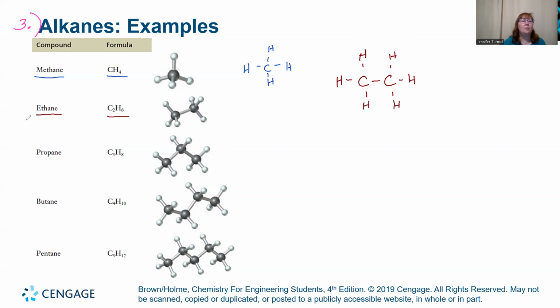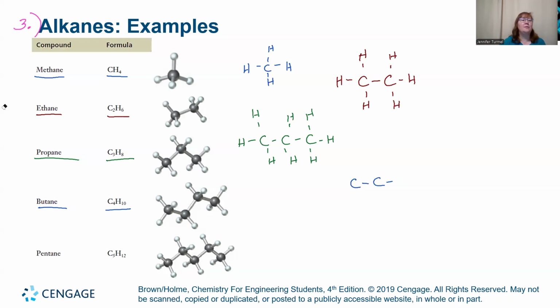Then we can have our propane, C3H8, and that'll be 3 carbons together like this, and here we'll have hydrogens on each one. Now let's come down here to butane, C4H10, and that one will have 4 carbons.